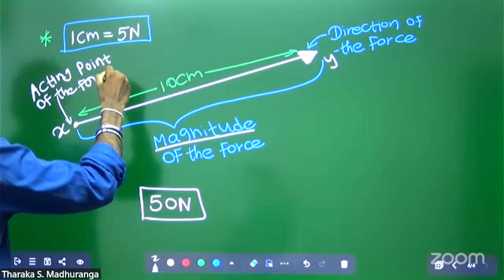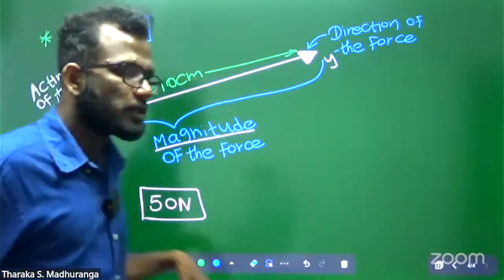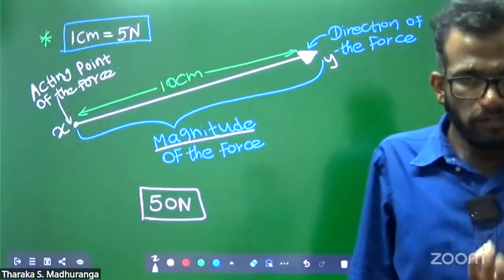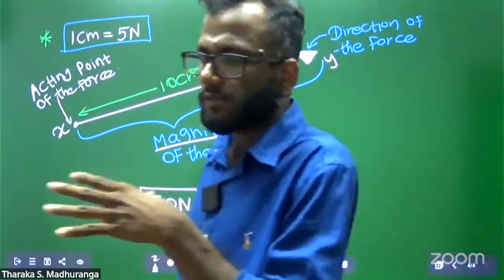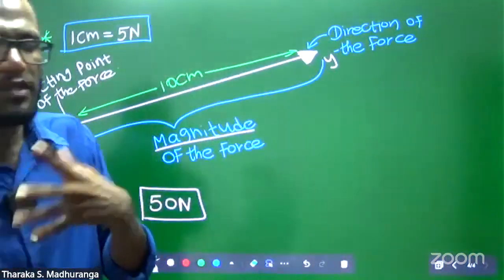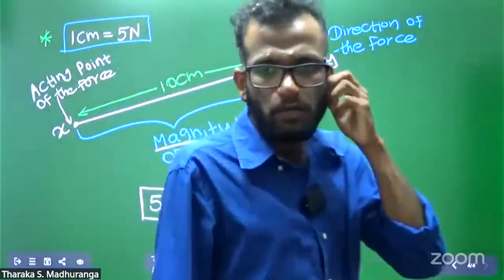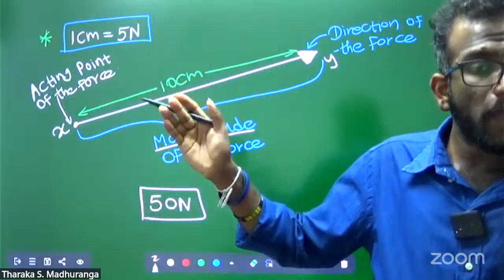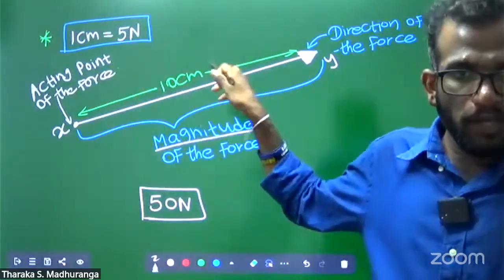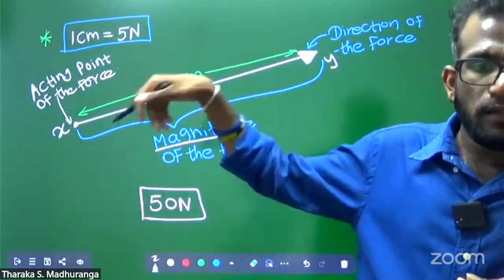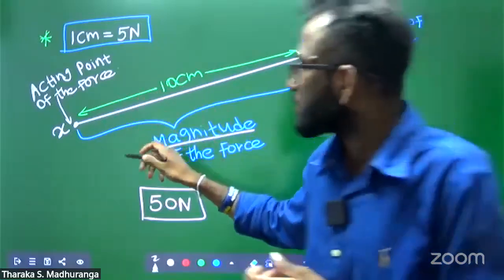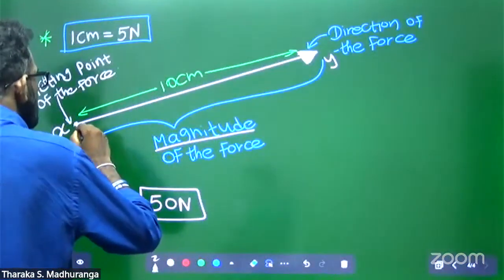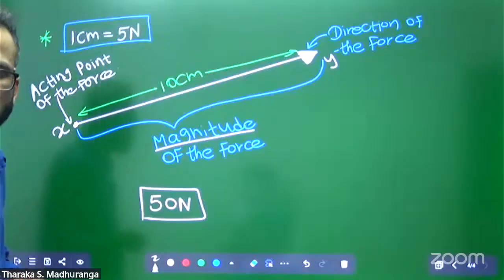Okay, that's the full summary. First we discussed the meaning of force, then that force is a vector, then how to express a force by a line and arrowhead. The length of the arrow expresses the magnitude, the arrowhead explains the direction, and the starting point of the arrow explains the acting point of the force.